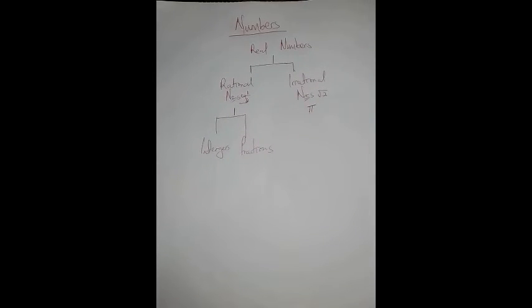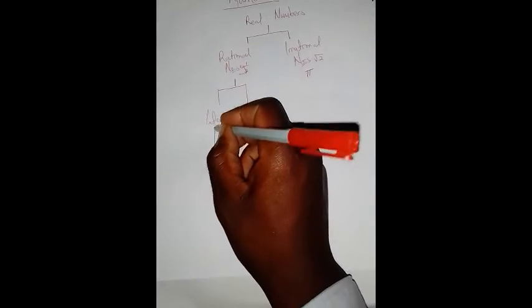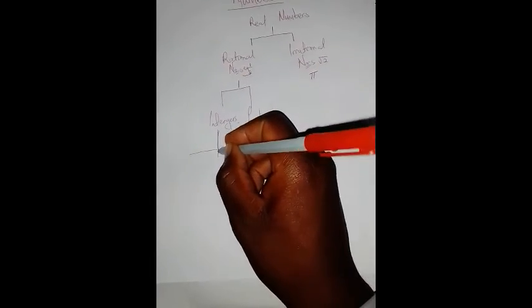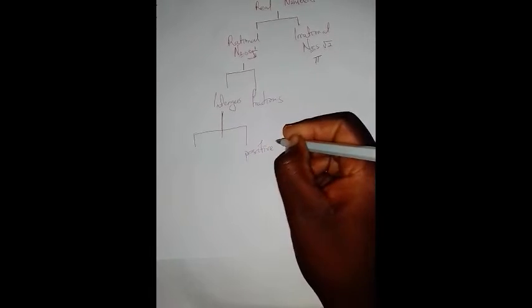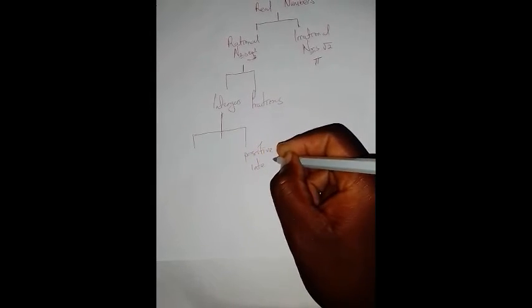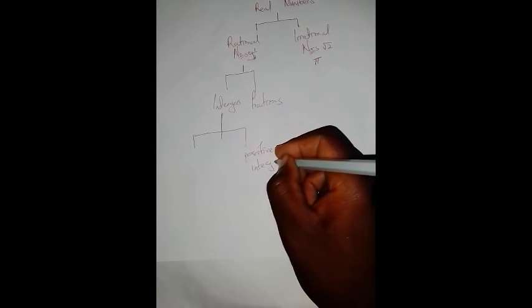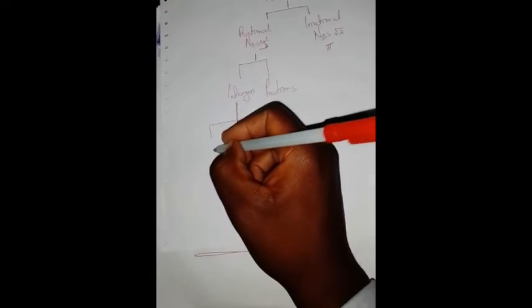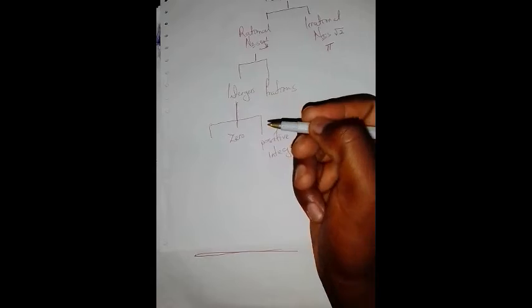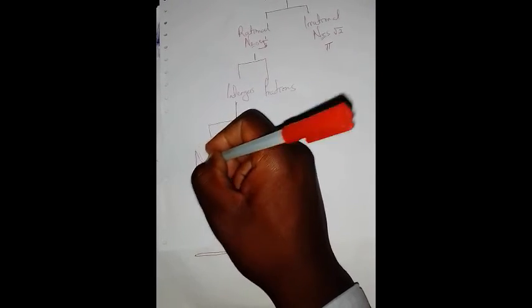We all know the fractions, we all know the integers, and then on integers we have three groups of integers, which are positive integers, and here we have 0, which is an integer, and then here we have negative integers.